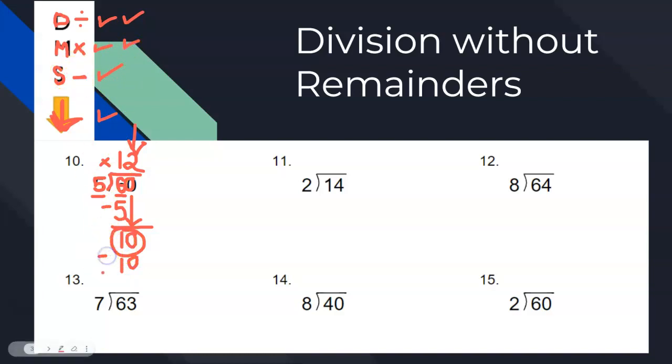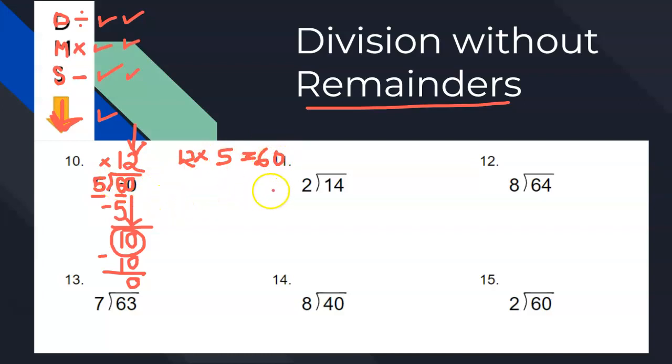Subtract. 10 minus 10, 0. Since I have a 0 here, that means I'm not going to have a remainder and my quotient is 12. Let's double check. Does 12 times 5 equal 60? Sure does. We have that correct.